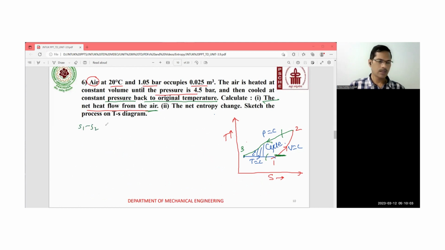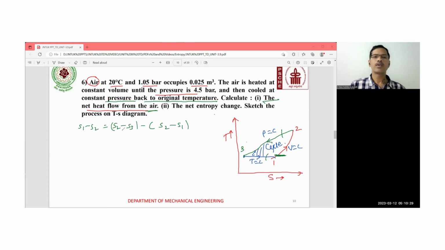The entropy change here, S1 minus S2 can be written as S2 minus S3 minus S2 minus S1. So first come to S2 minus S3.